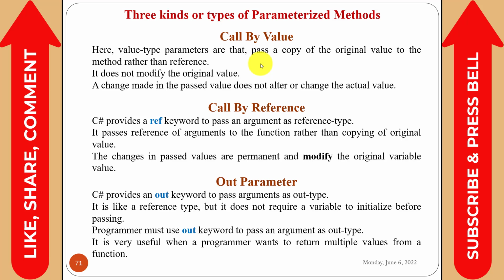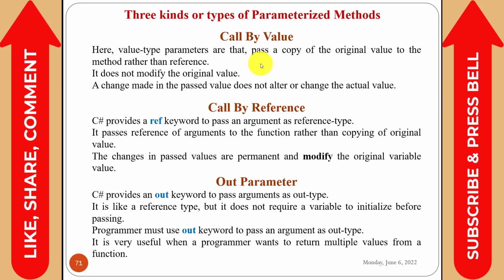Call by reference. When we need a change permanently in our data, that time we use call by reference. Like we use it to change the value in our database. If you have any details like your name, ID, address, telephone number, and any value is wrong in your data set, you need to make a permanent change to it.